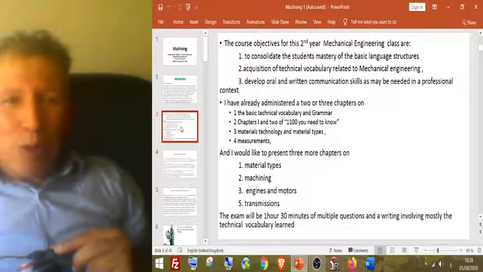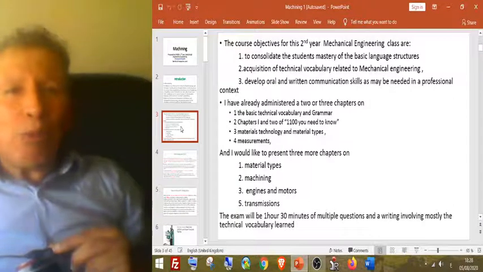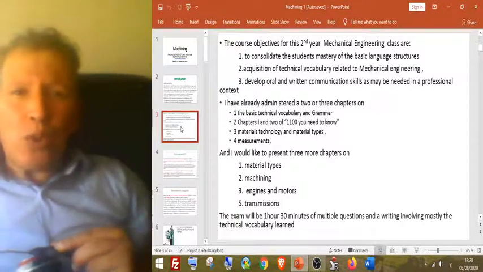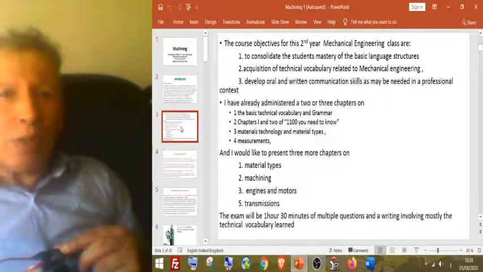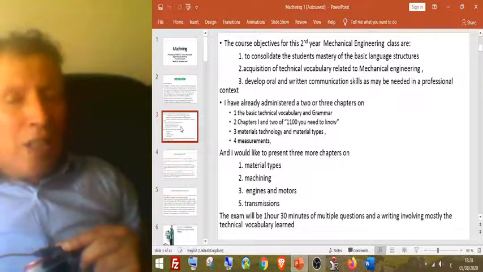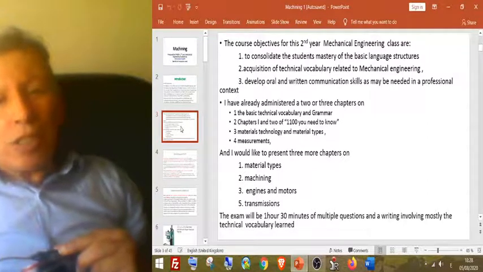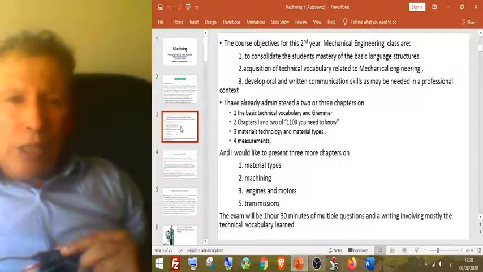So you are supposed to acquire technical vocabulary related to mechanical engineering because in the future, probably, you will have to talk about machines, to colleagues, to customers, to foreign partners, etc. So you need to know this type of vocabulary in addition to the general English vocabulary that we teach and learn every day.